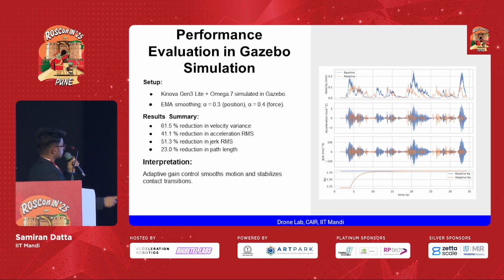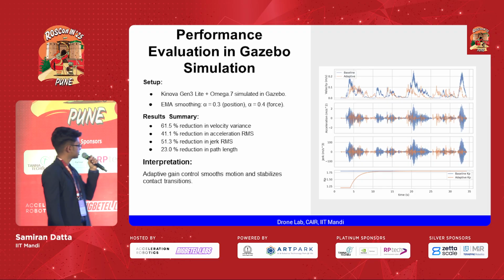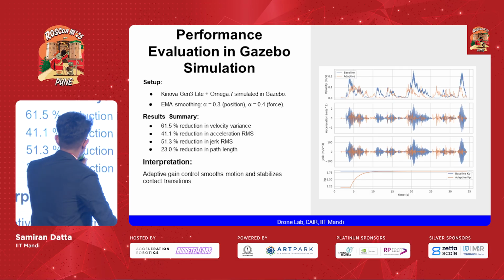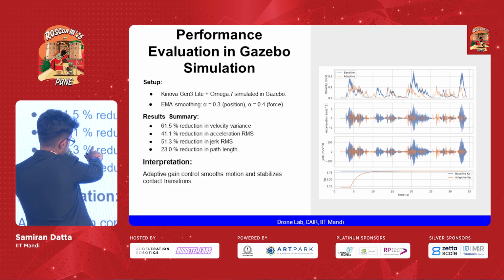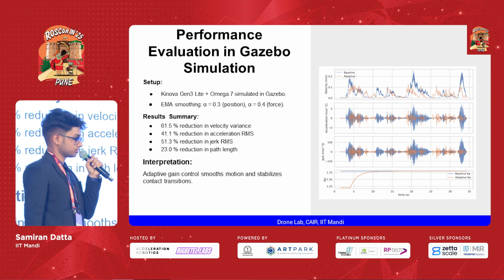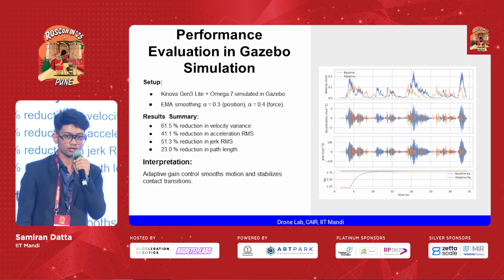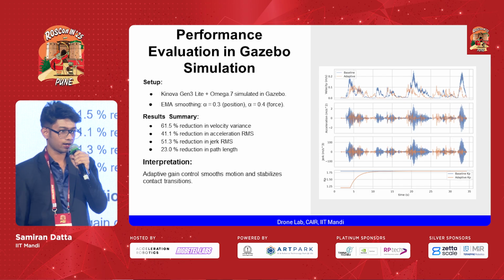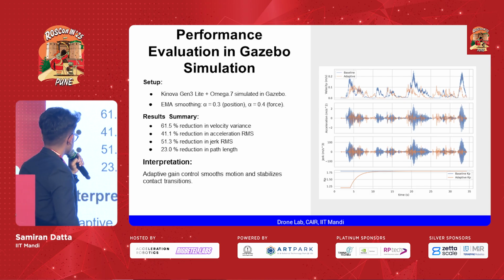Yeah, so these are some of the performance evaluations in Gazebo simulation. The key things to note in this are the 41.1% reduction in acceleration RMS and the 51.3% reduction in jerk RMS, which is quite a lot when you are opting for a safe teleoperation.